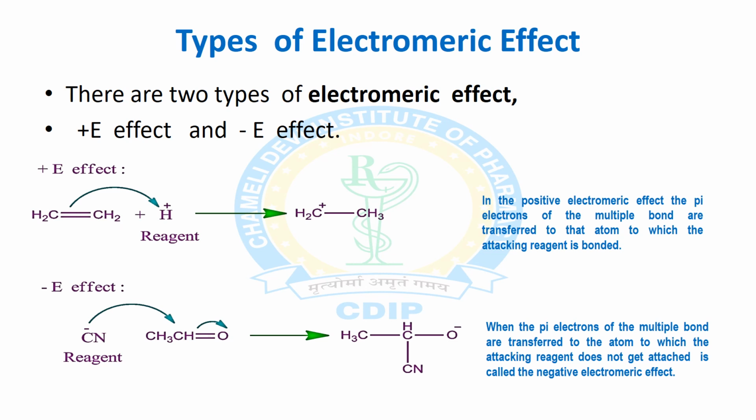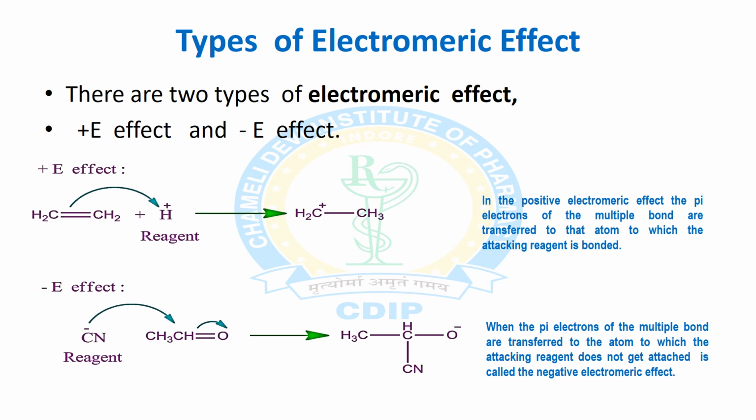When we talk about the minus E effect, the pi electrons of the multiple bond are transferred to the atom to which the attacking reagent does not get attached. This is called the negative electromeric effect. For example, cyanide ions, with a negative charge, attack the carbon which is attached with the C double bond O, that is the aldehyde group.